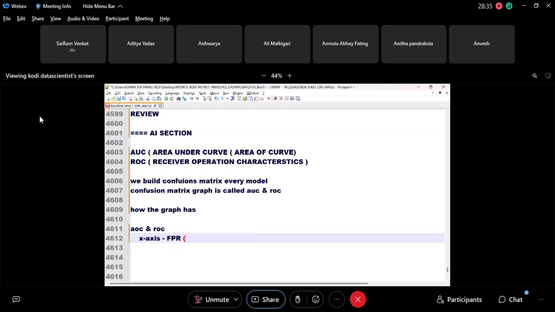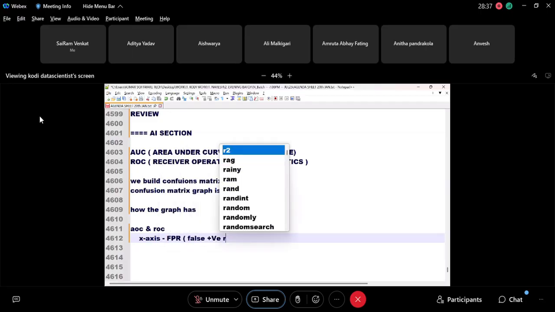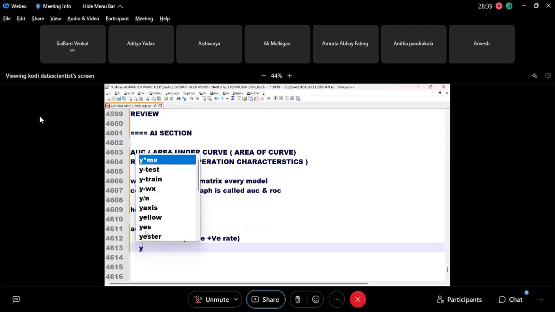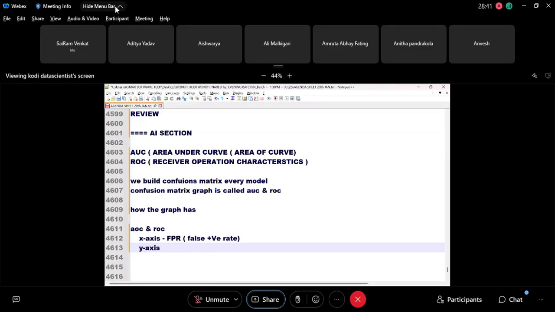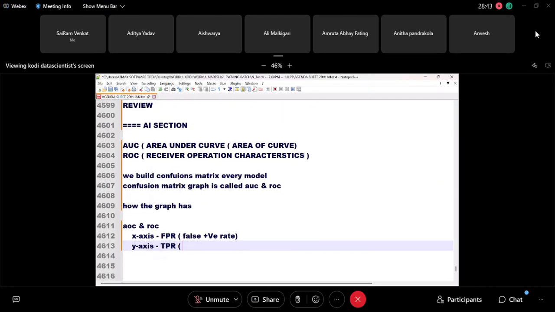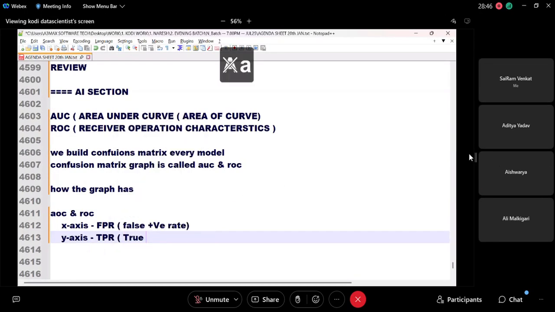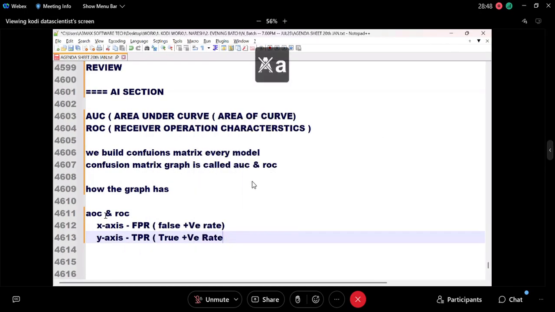What is FPR? False positive rate. What is the y-axis, guys? TPR, true positive rate.